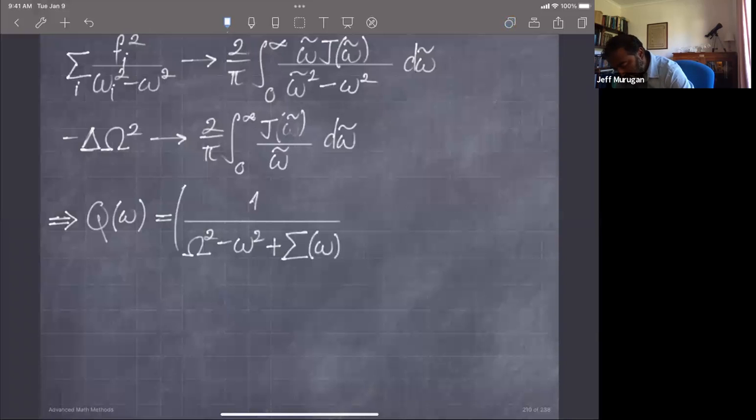And all of this multiplies the external forcing function, or its Fourier transform, F external. All right, that's our solution.